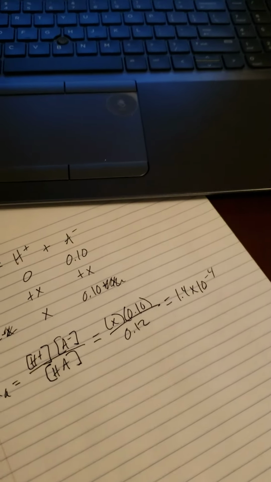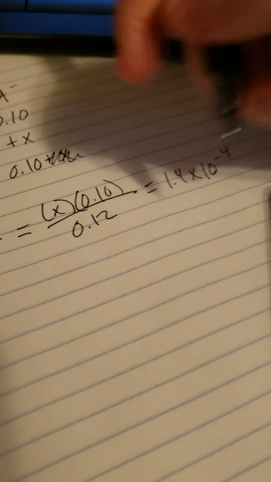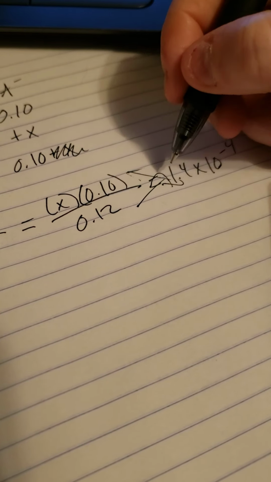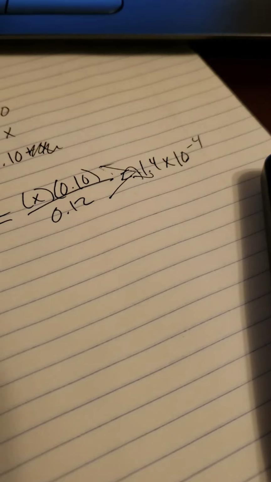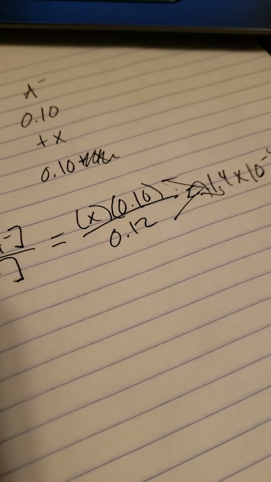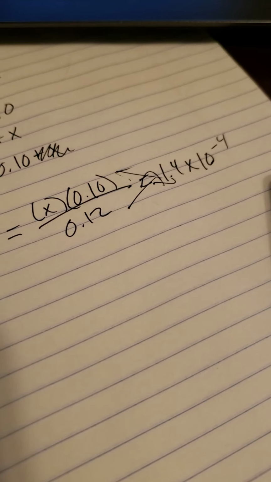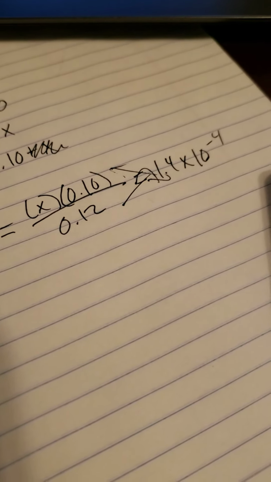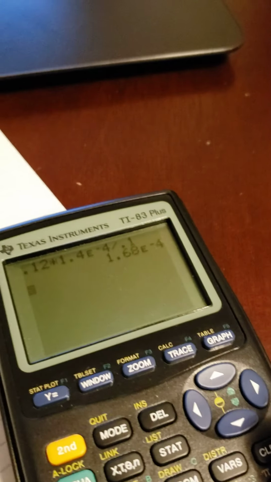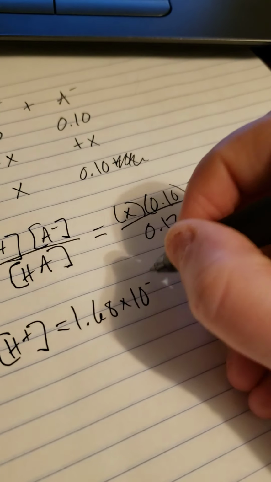At this point, you just need to get your handy dandy calculator and start plugging this stuff in. We could cross multiply, which is what I would recommend doing here. So we have 0.12 times 1.4 e to the negative fourth, divided by 0.1, and we get that X is 1.68 times 10 to the negative 4. So X is the concentration of the proton, 1.68 times 10 to the negative fourth molar.